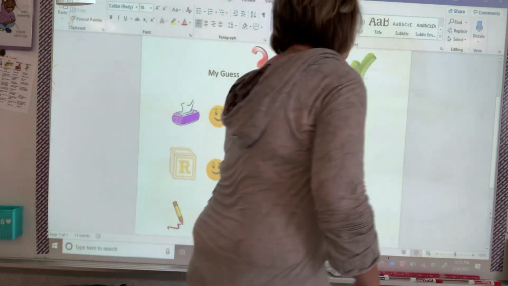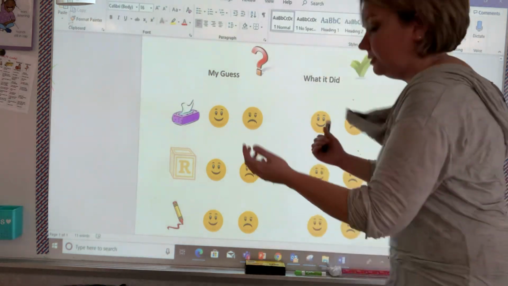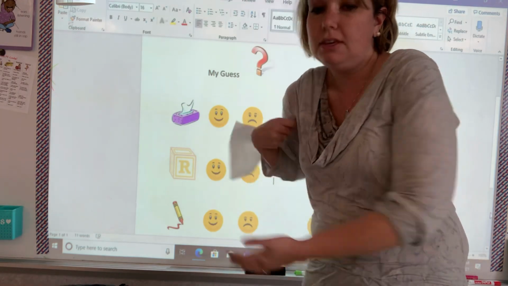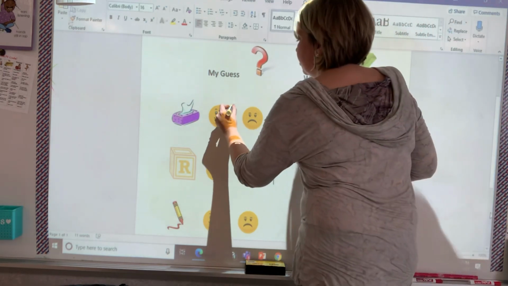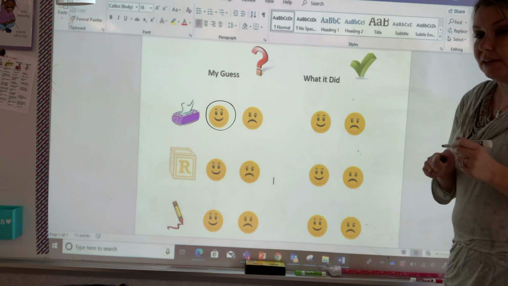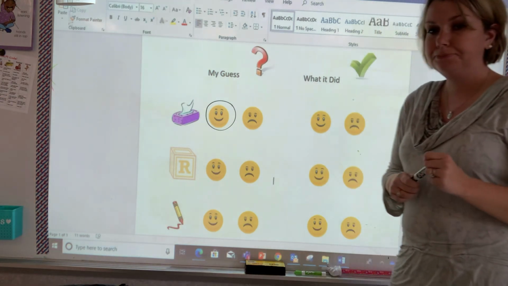If you think the wind could blow a tissue, hold it in your hand. You can try to bounce it if you want to. But if you think the wind could blow a tissue, then you're going to circle the smiley face. If you do not think it can blow a tissue, circle the frowny face.